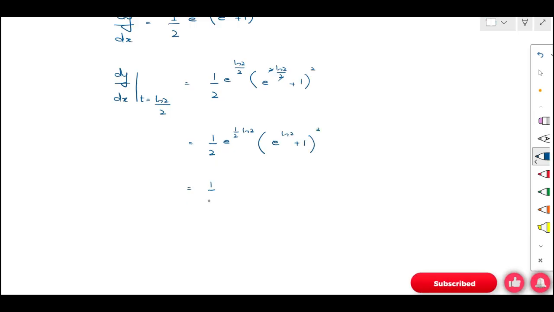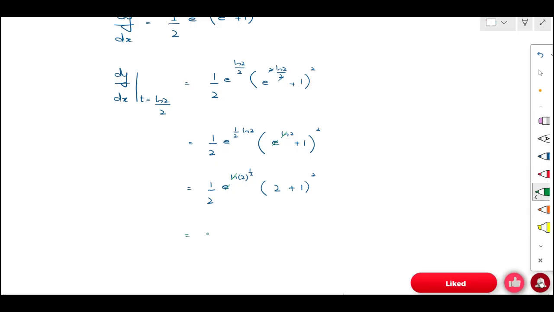And this is 1/2 e, when we have log, the coefficient of log goes to the power. So ln 2, its power is 1/2, and e and ln are cancelled out, just (2 plus 1) whole square. So this e and this ln are cancelled out, just 2 is left, right? This e and this ln are also cancelled out, right?